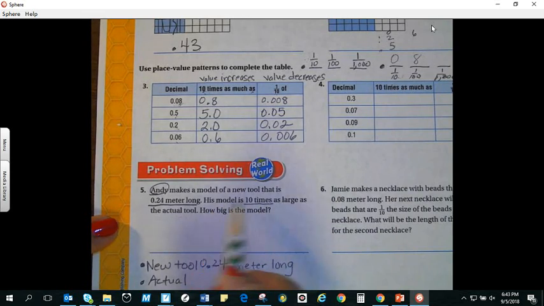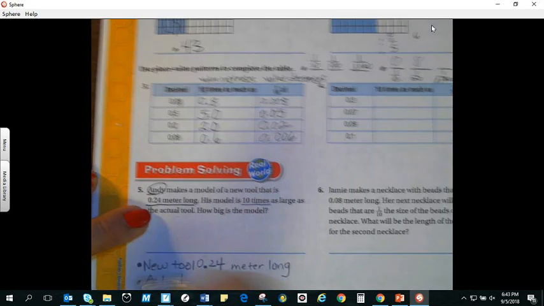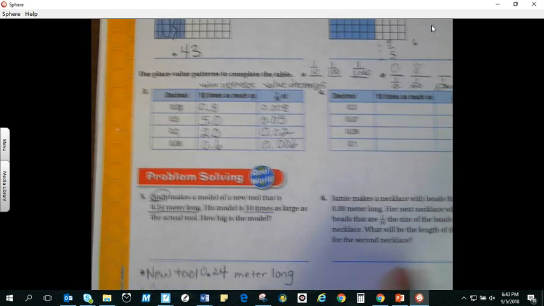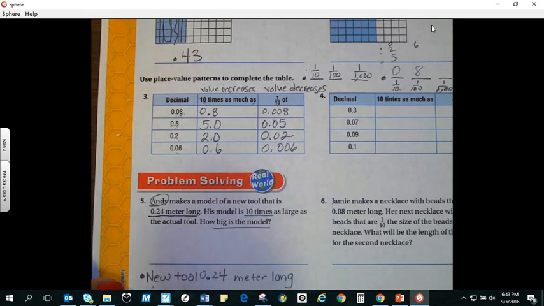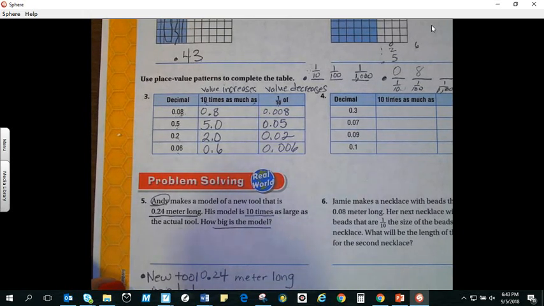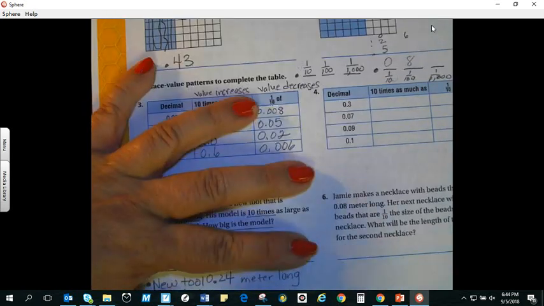His model is, it's not the actual, my fault. So we want to know how big is his model. If his model is 10 times as large as the actual tool, the model is what? Model is 10 times.